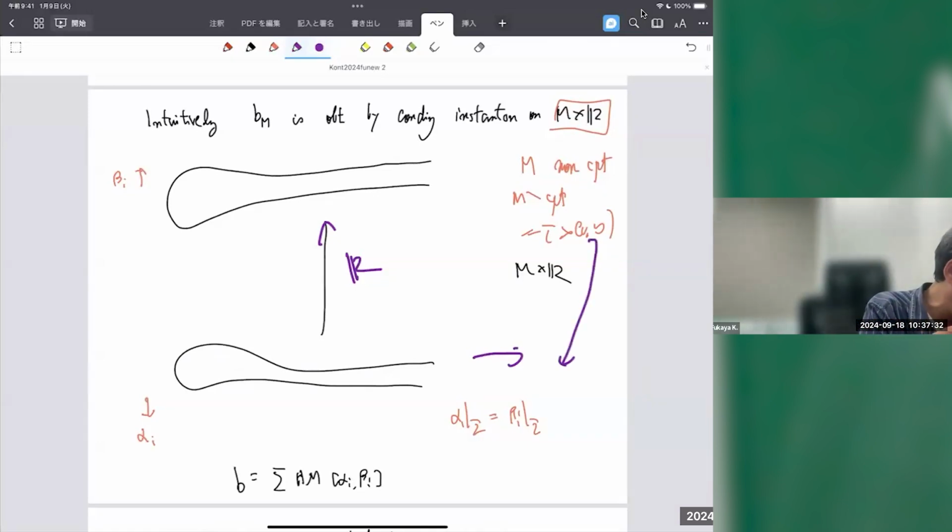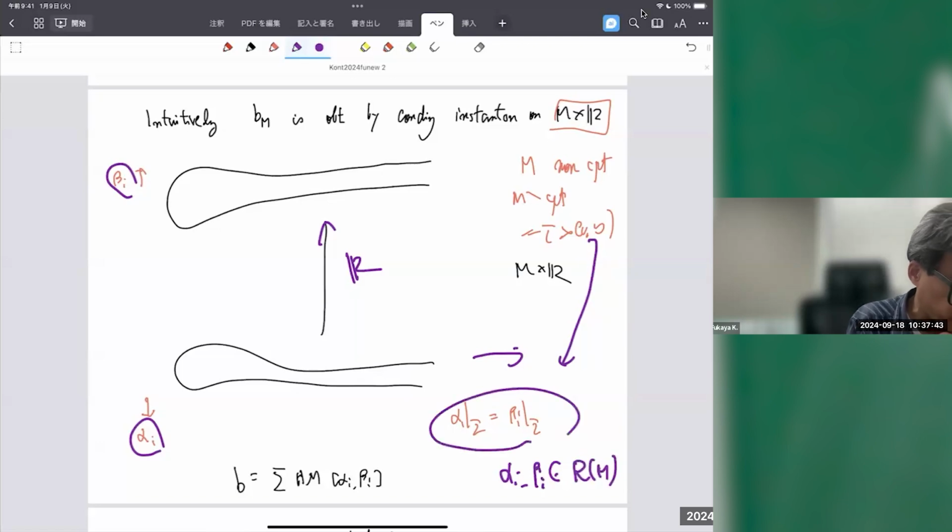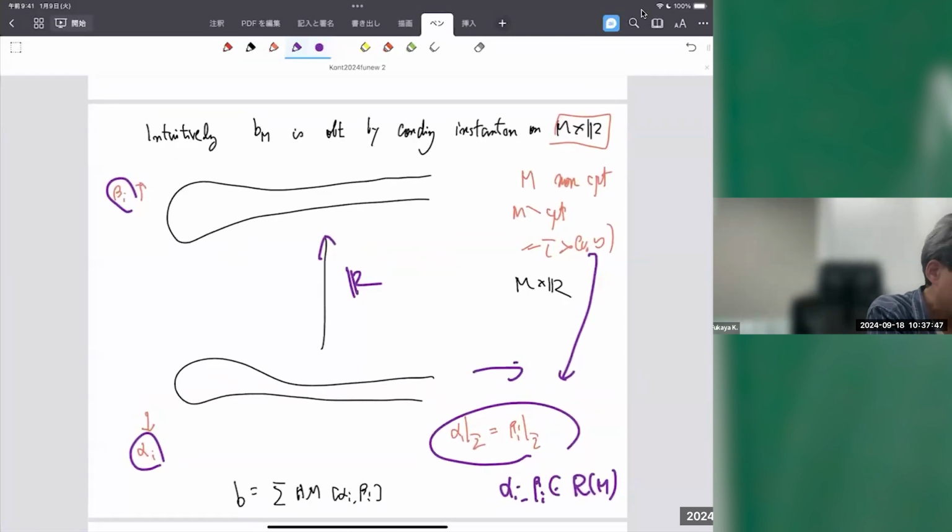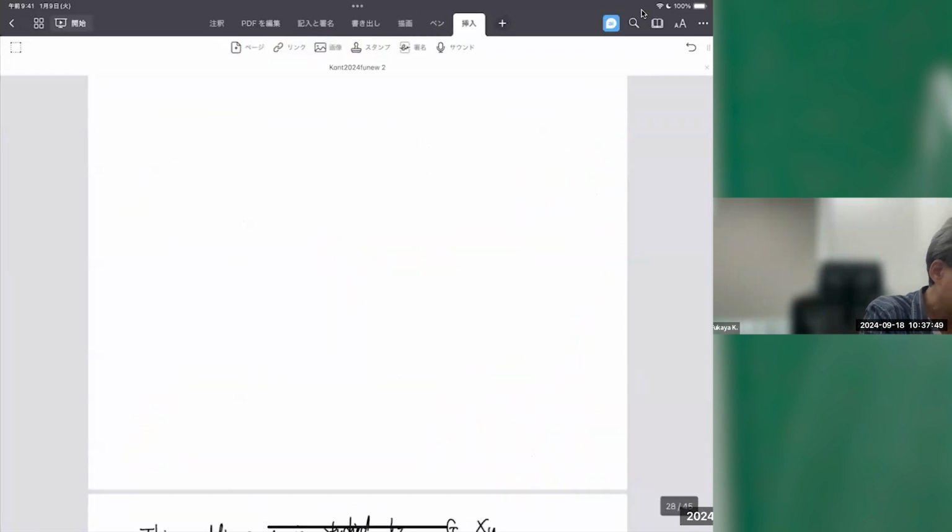And then you have this alpha_i, beta_i, that are flat connections on them. And we assume that they go to the same flat connections on sigma. So the picture is something like this.